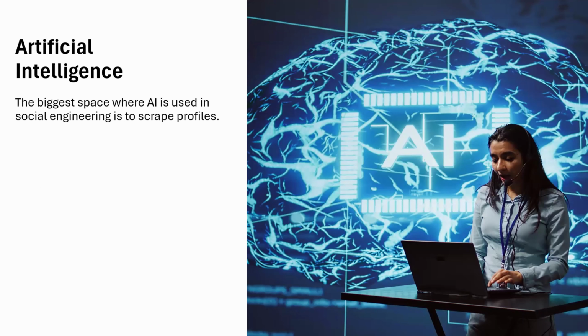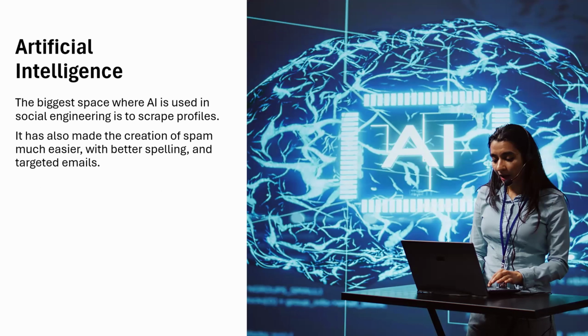A big topic right now is AI, and AI is exploding in more ways than one, but some of the biggest ways that AI is used in social engineering is, one, to scrape profiles, so to find out information on you. And it's also made the creation of spam much easier with better spelling and targeted emails.